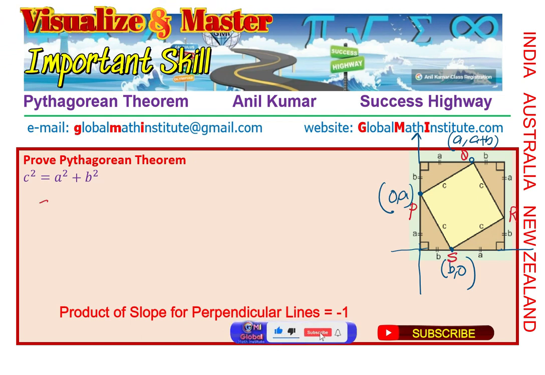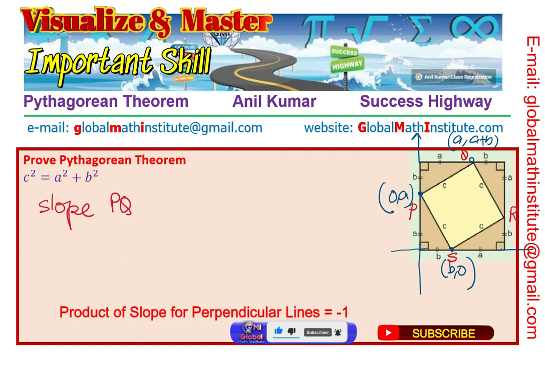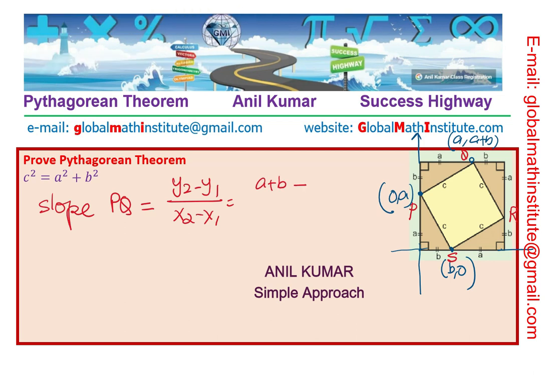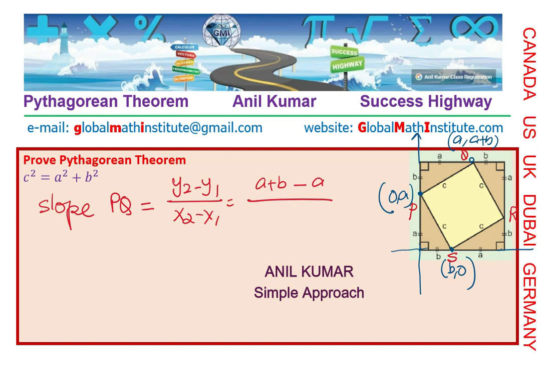So let's find the slope from P to Q. We'll use y2 minus y1 over x2 minus x1 to find the slope. So y2, Q's coordinate, is a + b, right? Minus y1, which is a, over x2, which is a, minus 0, correct?